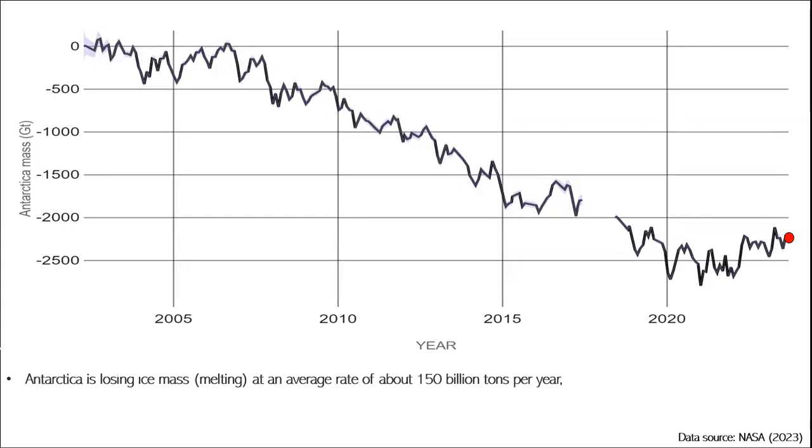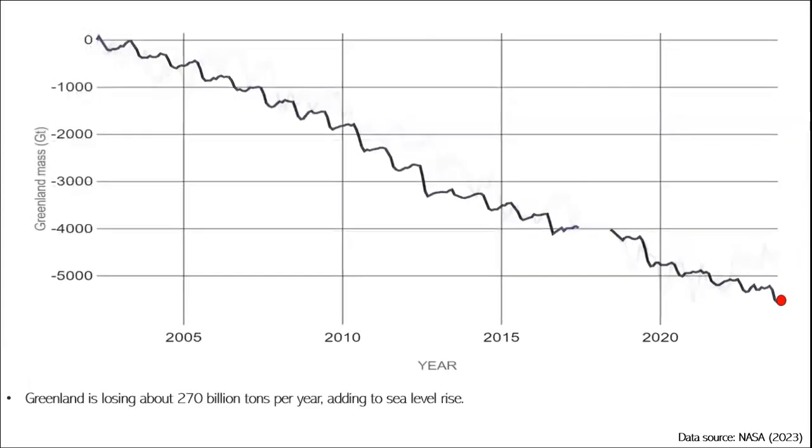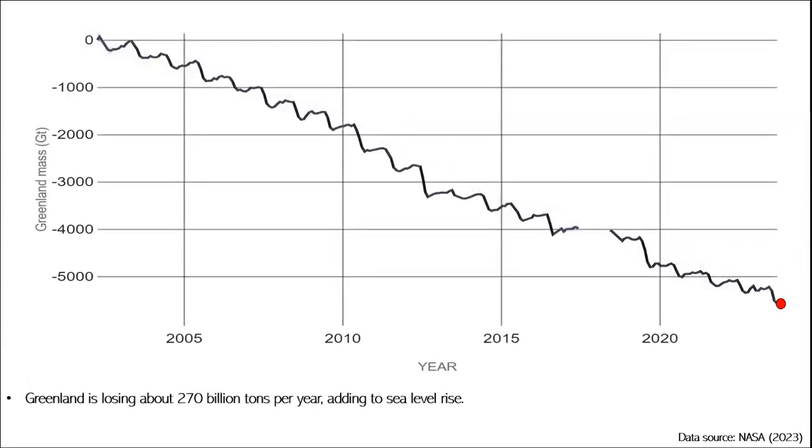Antarctica is losing ice mass at an average rate of about 150 billion tons per year, while Greenland is losing even more ice sheet mass. It's losing 270 billion tons per year, which is only adding to sea level rise. And this also poses a challenge to various small islands.